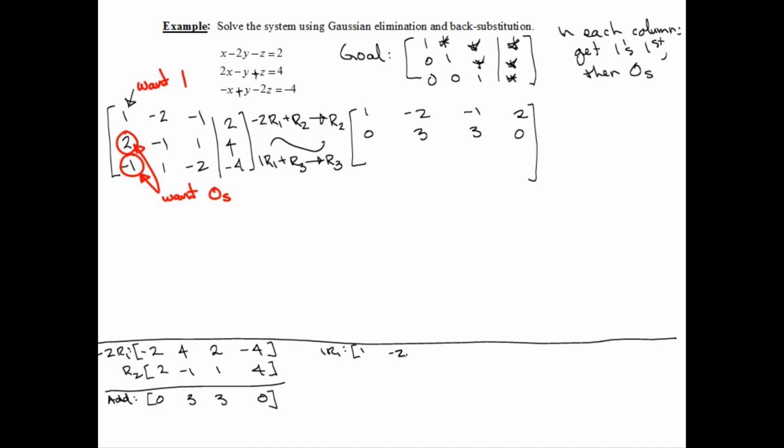So 1, -2, -1, and then 2. And now we write down row 3 and we just add these together. So -1, 1, -2, -4, that's my row 3. And so then I add them. I'm going to get 0, -1, -3, and -2.